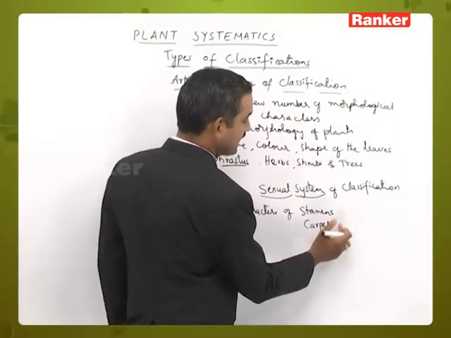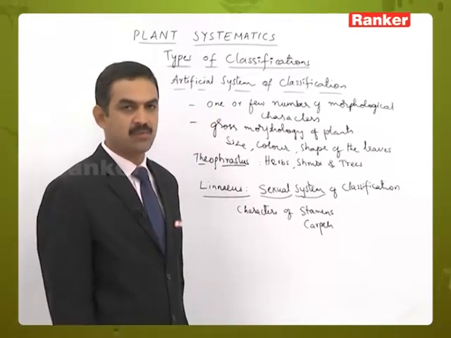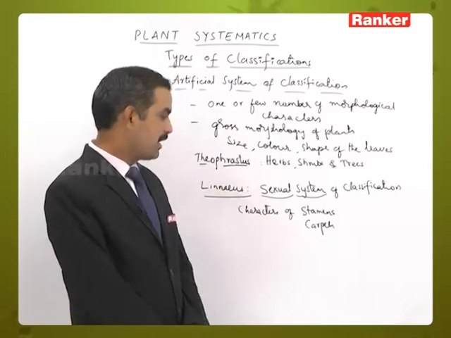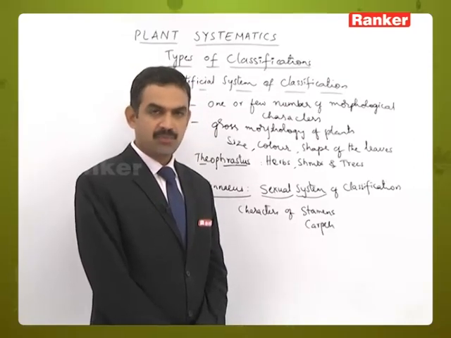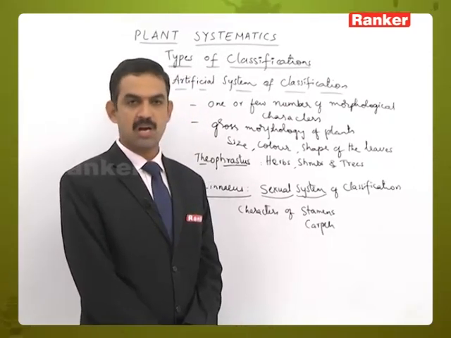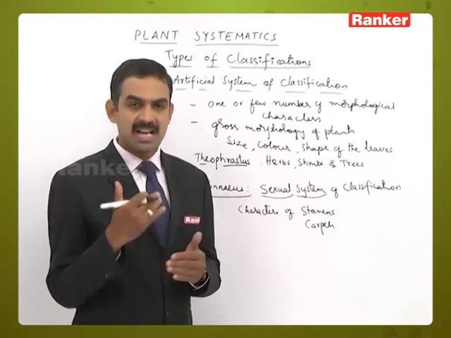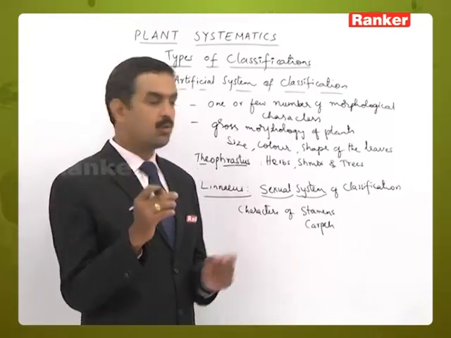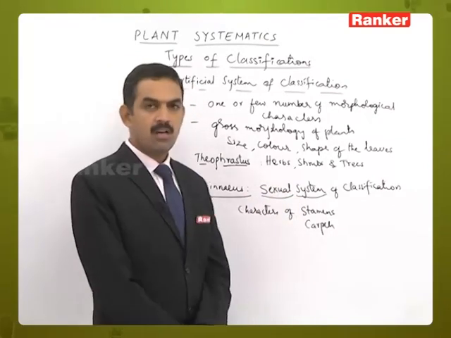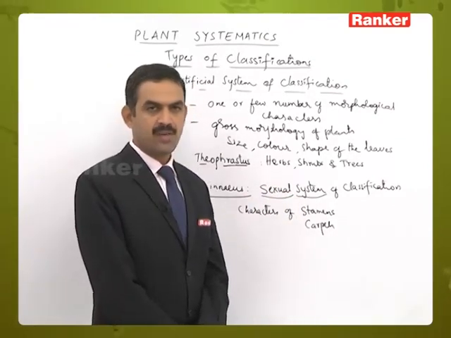The male and female sex organs have been considered for classification. For example, the shape, number and size of the stamens, and the number, shape and size of the carpels. So all the characters related to only these two parts of the plant have been considered.